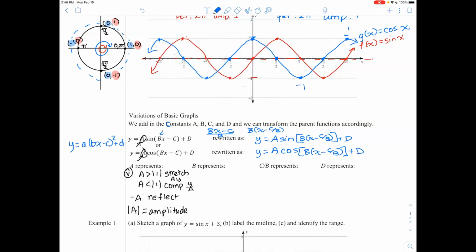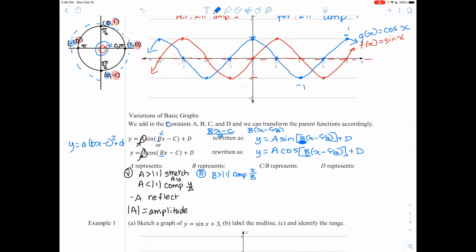Now B is inside the parentheses with the x, so you know that's a horizontal action. Okay, so I'm going to look at it in this form over here, this B that I've factored out. B is horizontal. And if b is greater than the absolute value of 1, remember that everything inside the parentheses is opposite. That's going to be a compression. So you're going to take your x coordinates and divide them by your absolute value of b.